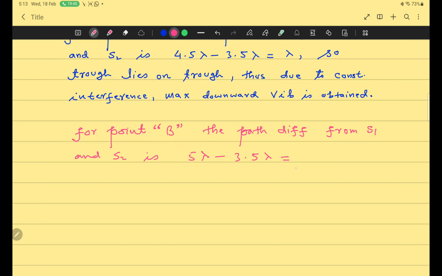So the path difference is 1.5 lambda. So crest lies on trough.